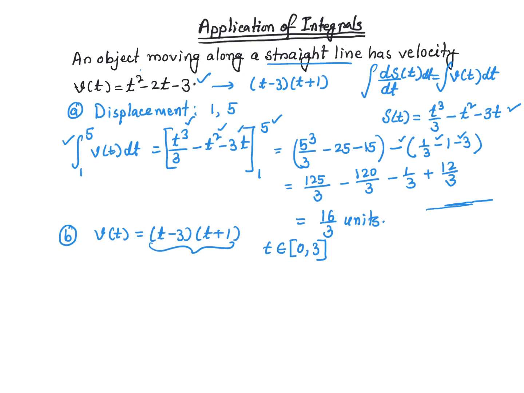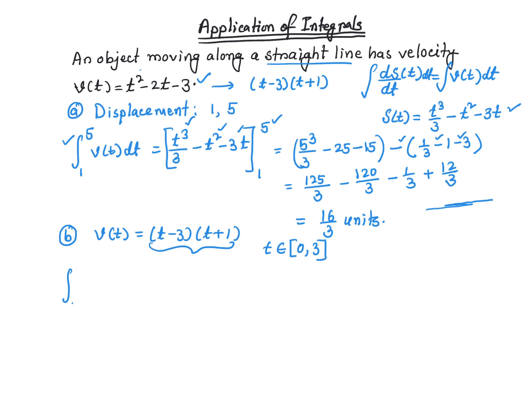So to find the distance traveled during that time, we have to take that negative into consideration. The way we do it is to take the absolute value of v of t.